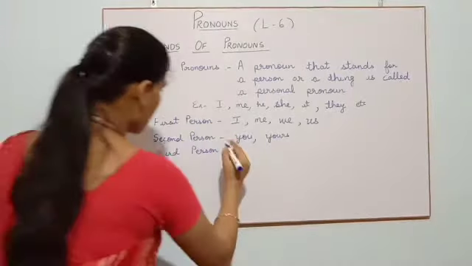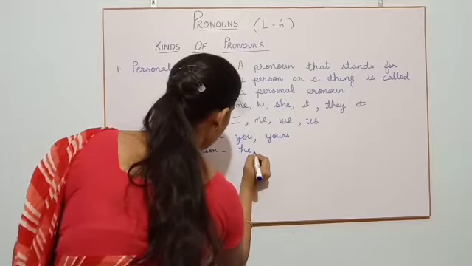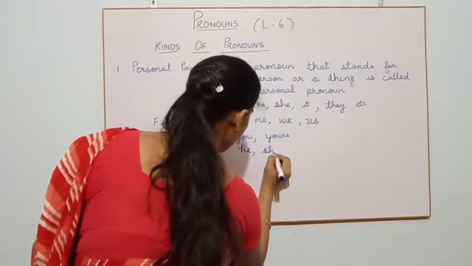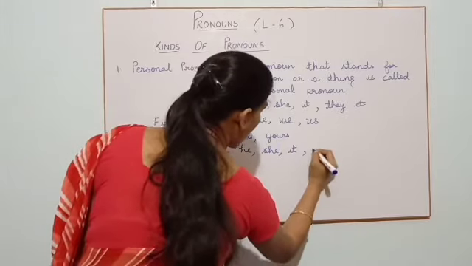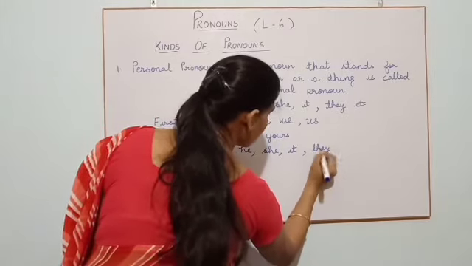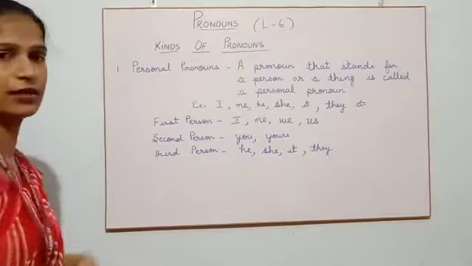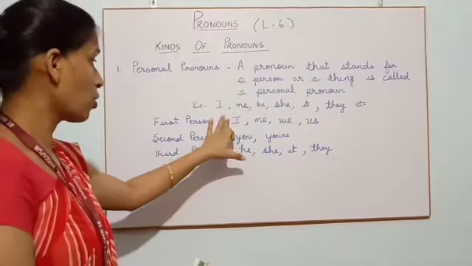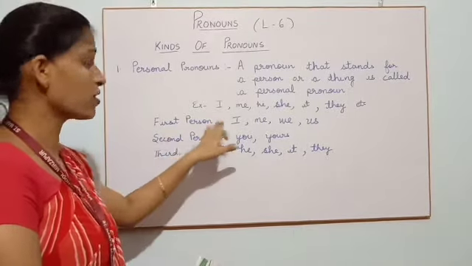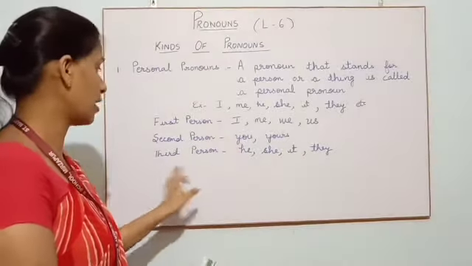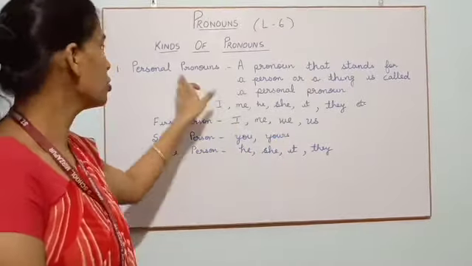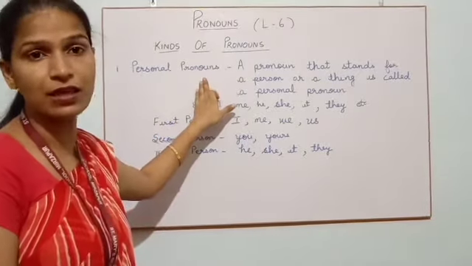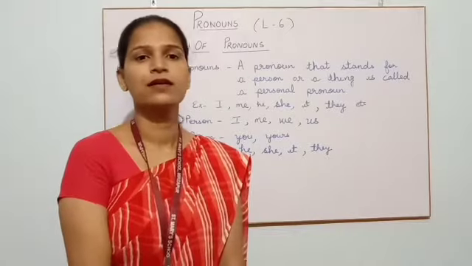So, the examples are he, she, it, and they. These are the things which you can use according to first person, second person, and third person. Children, these things will help you when you use personal pronouns in sentences.